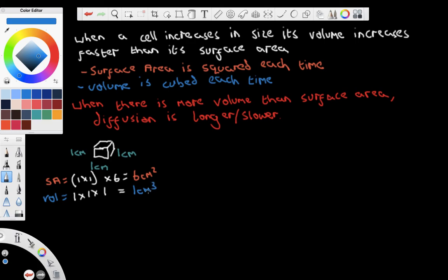As we said earlier, if we do 6 divided by 1, we get 6. Therefore, the surface area to volume ratio of this cube is 6 to 1. Because this has a much bigger surface area than it does a volume, diffusion would be fast.